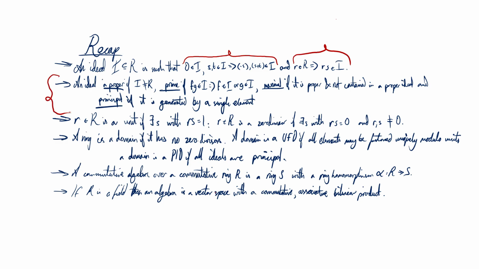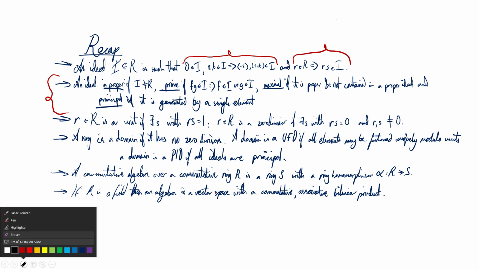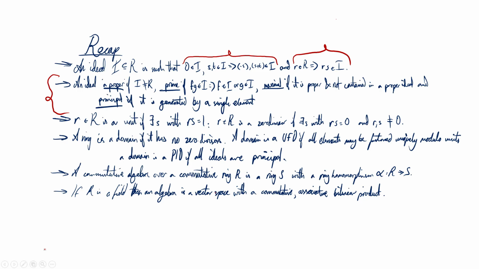And here are some definitions which you can give to an ideal. So it's proper if it's not the whole thing. The ring itself is an ideal, but it's not an interesting ideal.